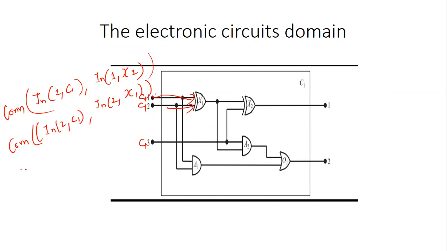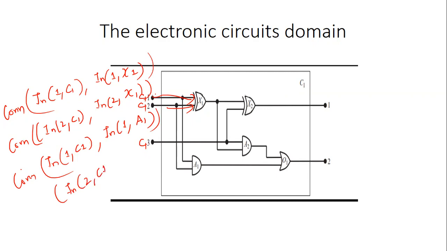So that also we can represent: the first input of C1 is connected with the first input of A1, right? Similarly, the second input of C1 is connected to the second input of A1, right?